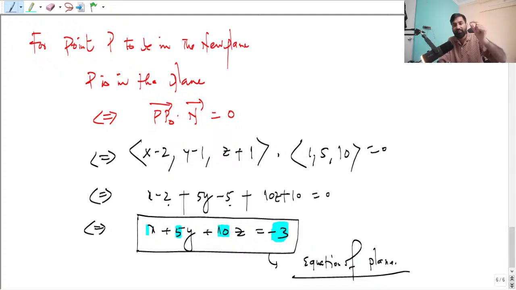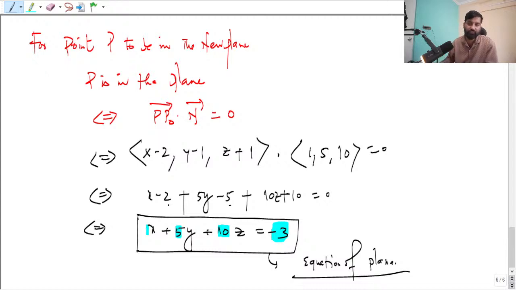The coefficients of x, y, z in this equation or in the previous equation that we got are going to be the normal vector components. So 1, 5 and 10 correspond exactly to the normal vector. That's something you have to remember.